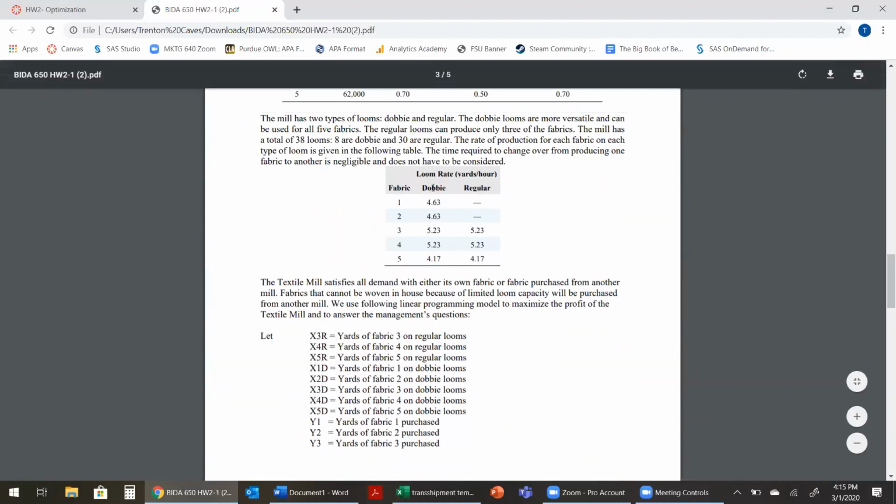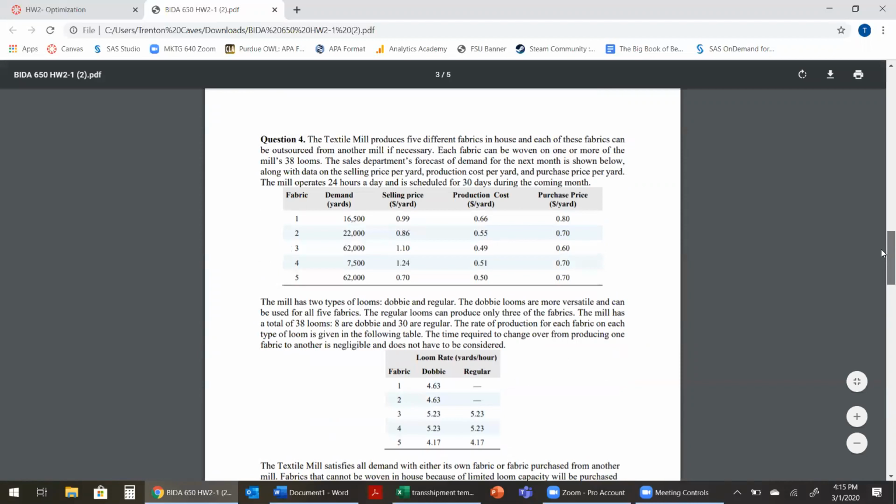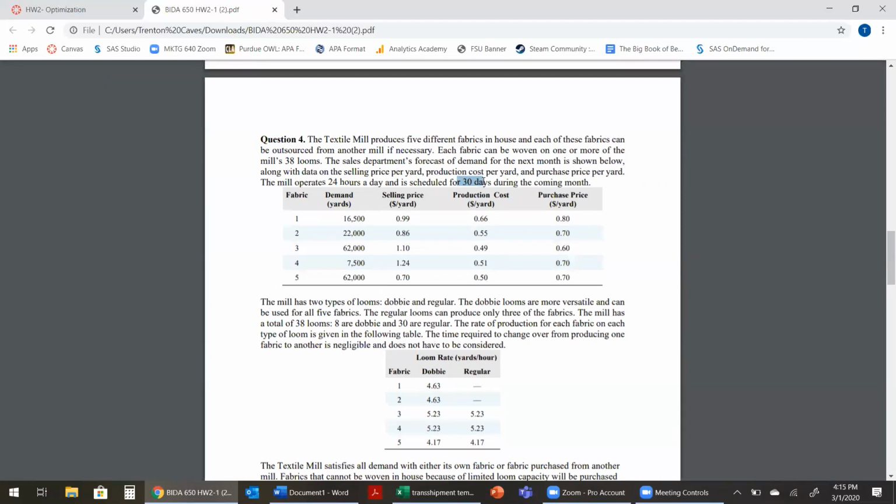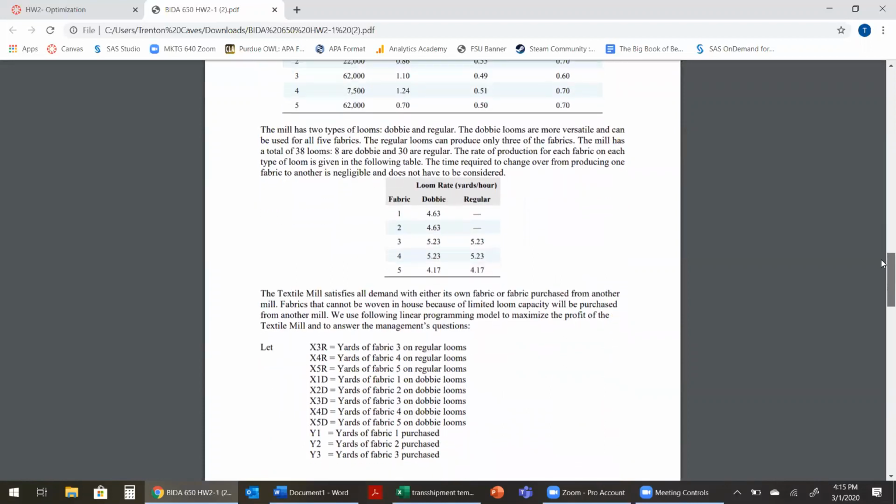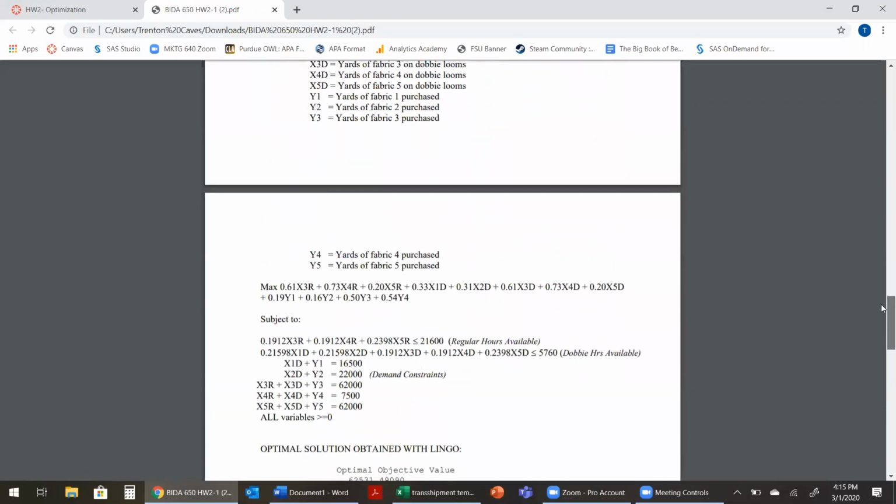We're running 24 hours a day for 30 days. So we'd get 720 production hours. So one more Adobe loom gives us an additional 720 production hours.